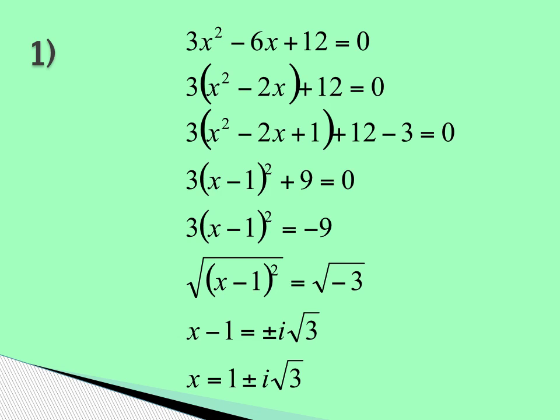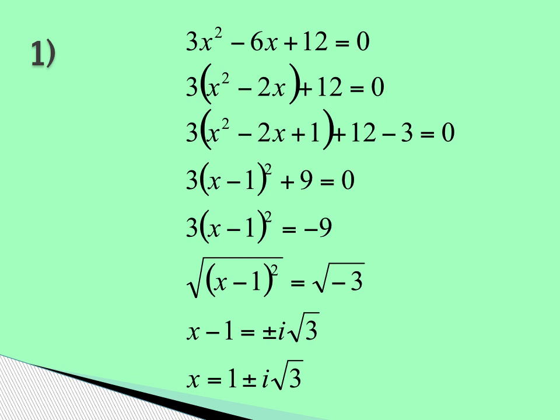Okay, so we've got 3x squared minus 6x plus 12 equals 0. Anytime you're solving a quadratic, you want to get everything on one side and get it equal to 0. Now I had 3x squared, so I need to factor out that 3. But again, only from the 3x squared and the minus 6x. And so when I do that, I get x squared minus 2x, and that 12 just stays on the outside.